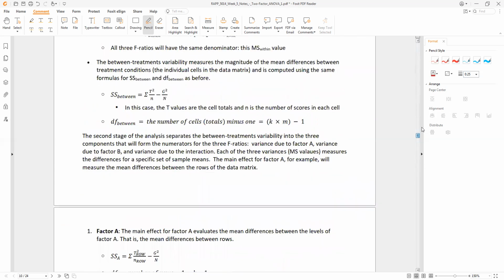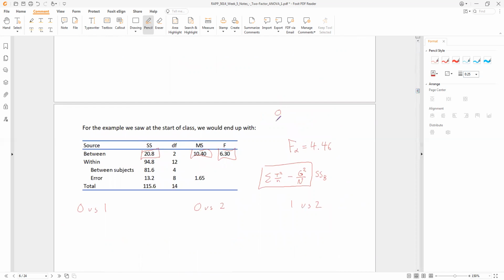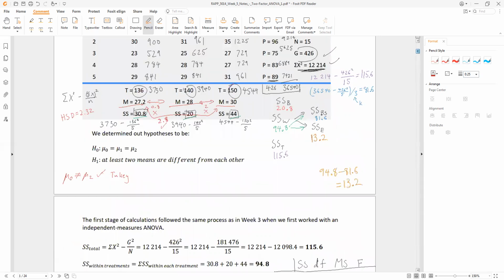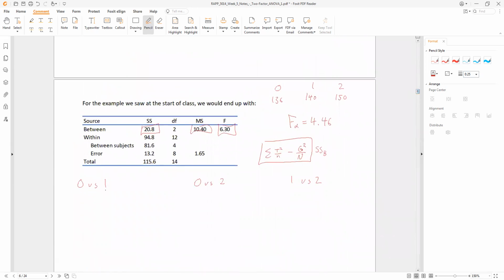Oops, I've gone too far. All right. So for 0, I had 136, I had 140, and I had 150. Those were my group totals up here. Okay, so for 0 versus 1, the grand total is going to be the 136 plus 140, which is 276.